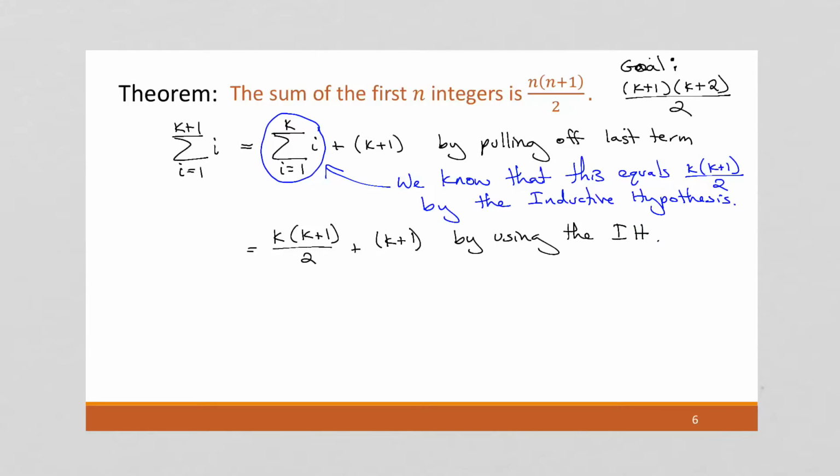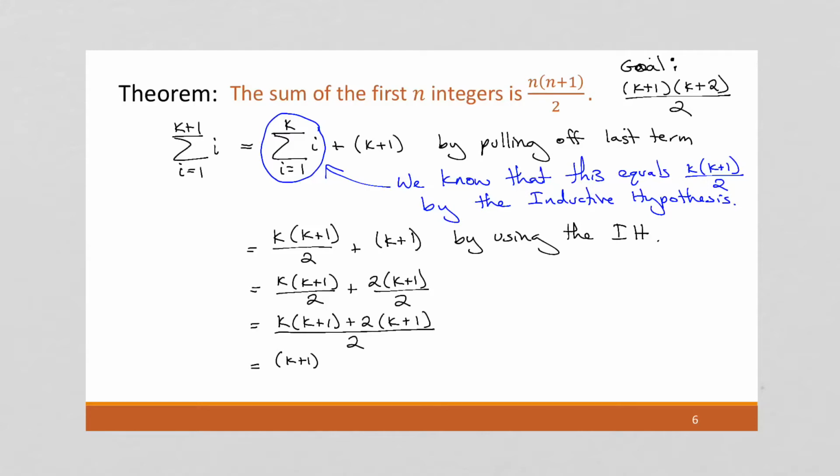Once we have this, it's just a matter of algebra. So I'm going to get like denominators. And then I'm going to combine the terms. And now notice I can pull out this K plus 1 here and here and factor it out and get K plus 1.